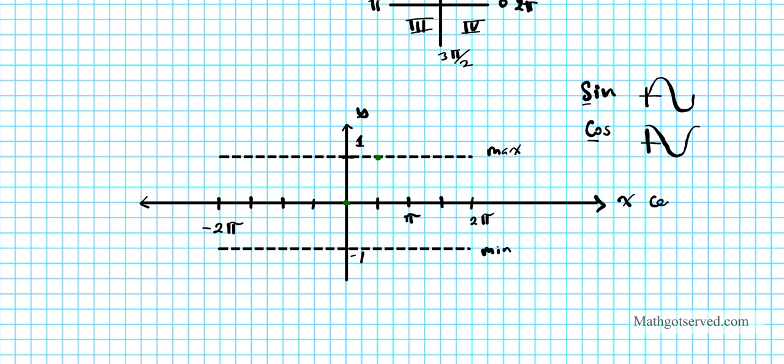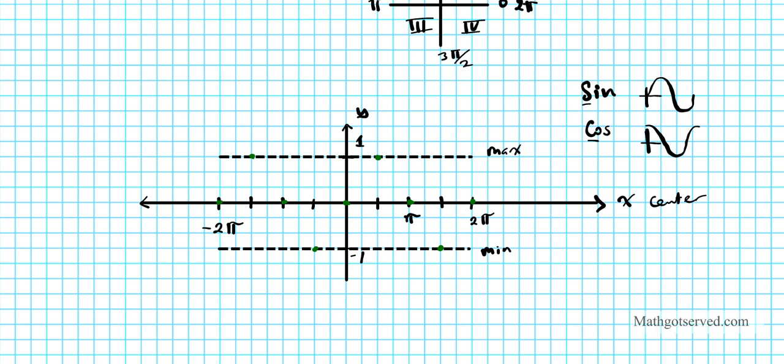This is our center. Okay. All right, so you start from the center, one tick mark, go to the max, one tick mark back to the center, one tick mark to the min, and one tick mark back to the center. All right, so we'll go as far as 2 pi as indicated in the problem. And we'll do the opposite to the left. One tick mark takes you to the min, one tick mark back to the center, one tick mark to the max, one tick mark back to the center.